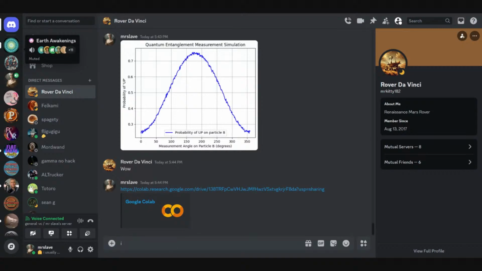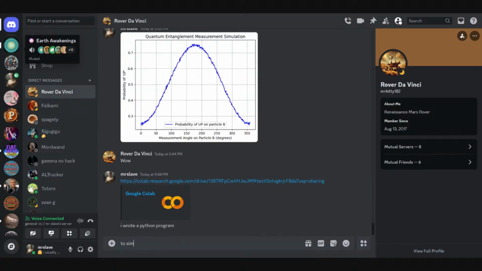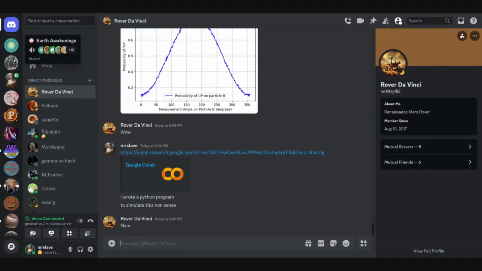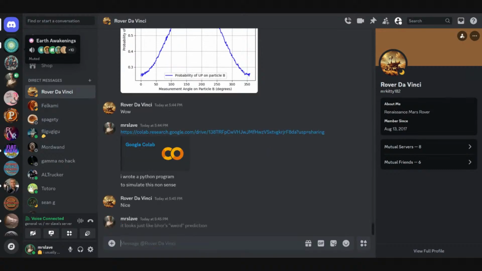I wrote a Python program to simulate this nonsense. It looks just like Bohr's weird prediction.